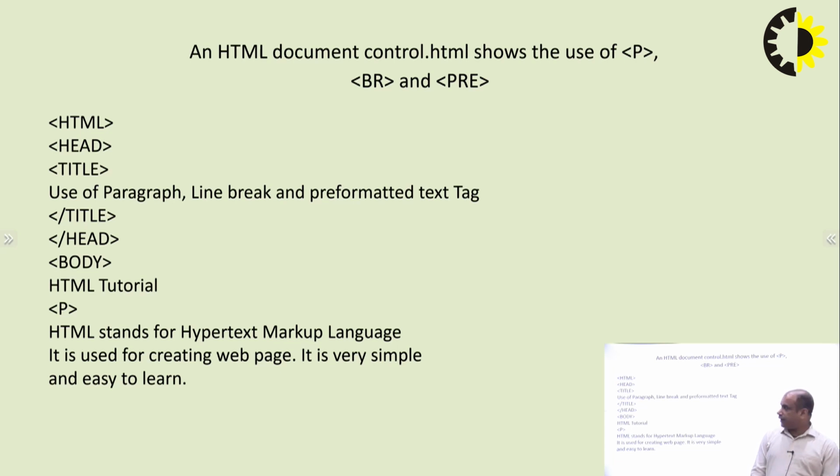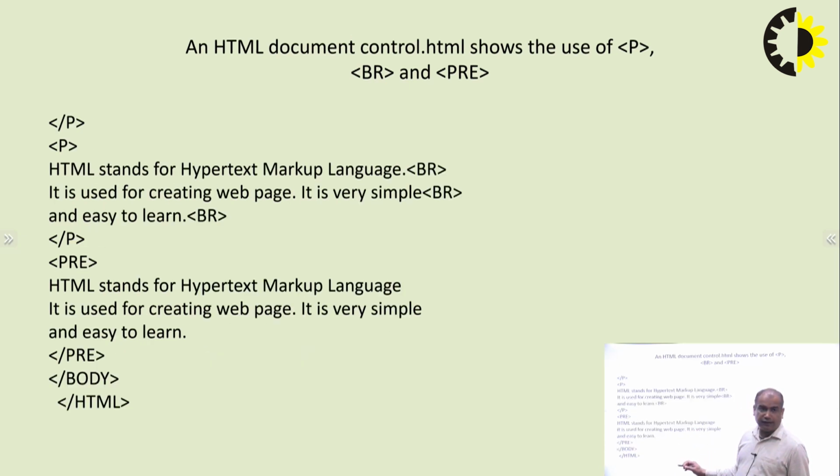In this slide we are going to discuss the use of the p, br and pre tags. First I have written a p tag with one paragraph. Next the p tag is closed, and another paragraph is created.